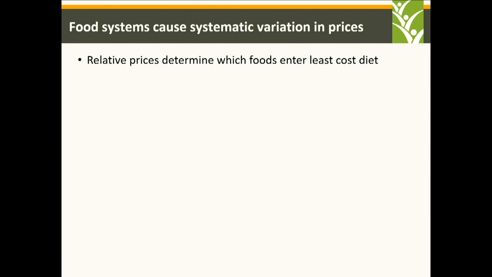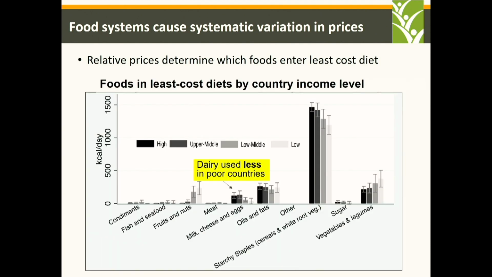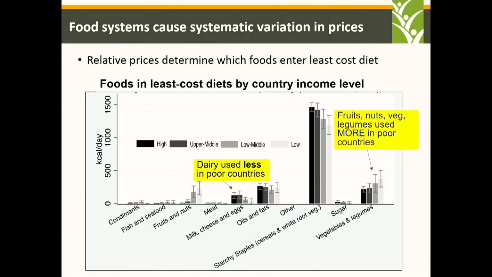So food systems cause systemic variation in prices, and this is a really interesting result that we find, showing differences across different income levels. We see that dairy, which is a very nutrient-dense but expensive food item, constitutes a very small segment of the least cost diet in low-income countries compared to high-income countries.